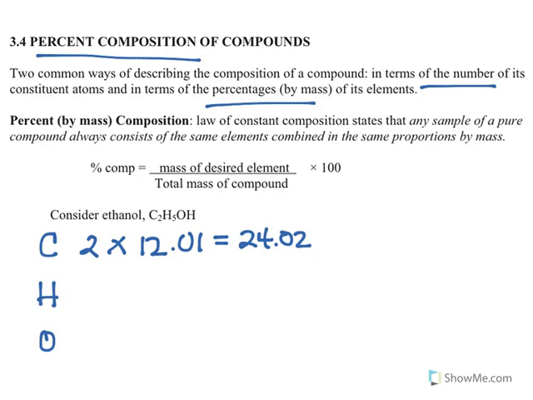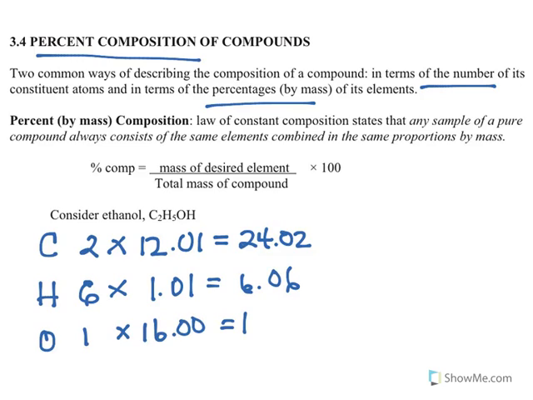Hydrogen is split into two spots, but it is 6 total times 1.01, so 6.06, and then we have 1 oxygen times 16, and we can obviously multiply by 1. Then we're going to total those up to get the mass of the whole compound.